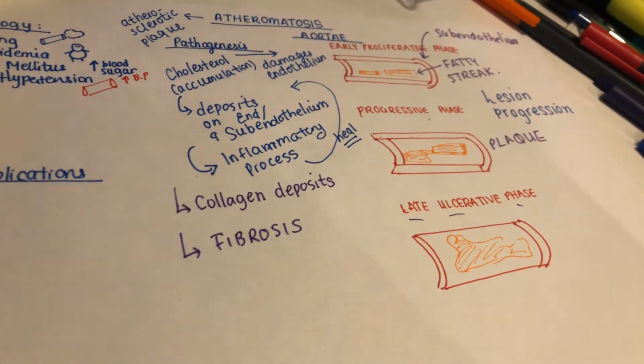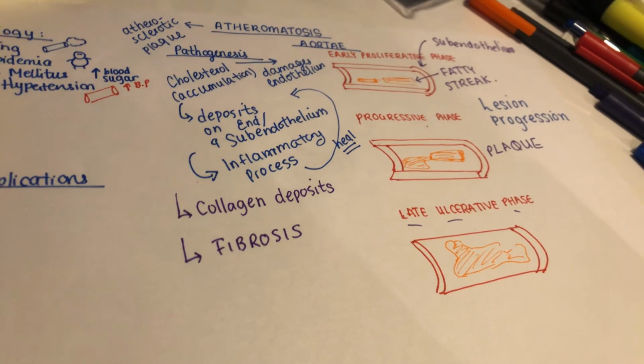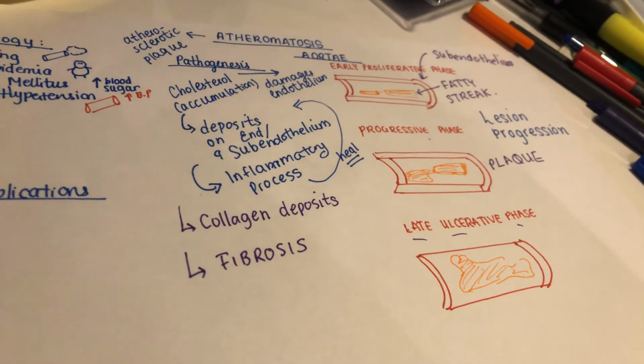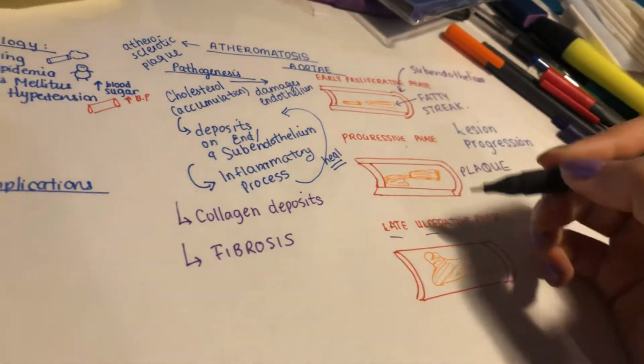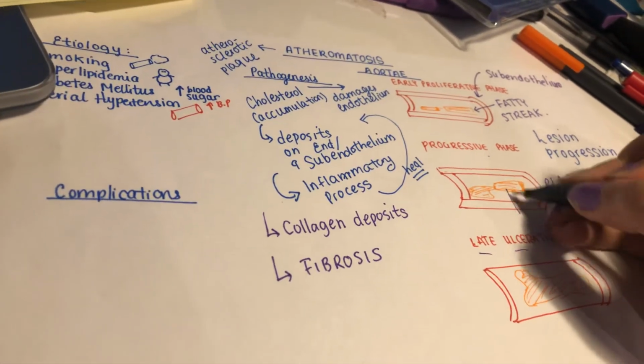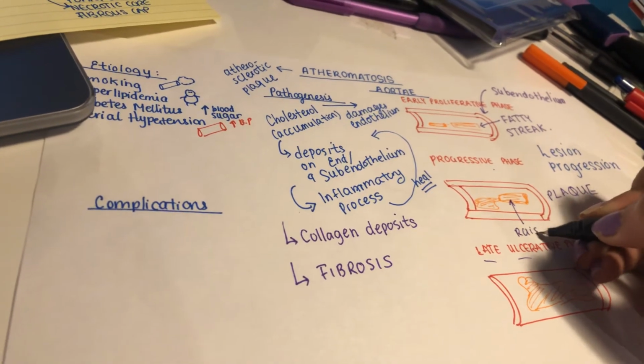And so essentially what makes a plaque is that after you have these pale yellow fatty streaks, then you have these raised yellow plaques.